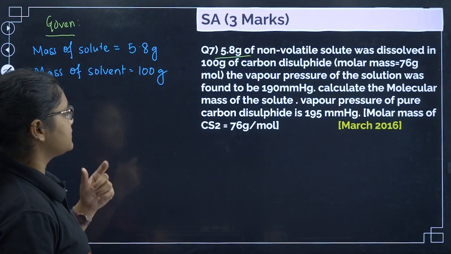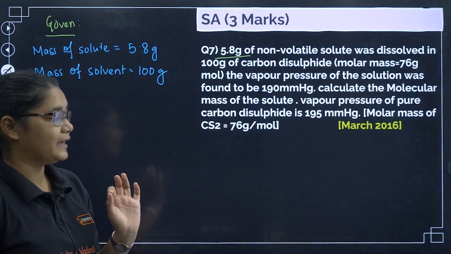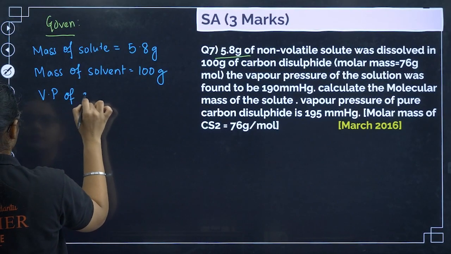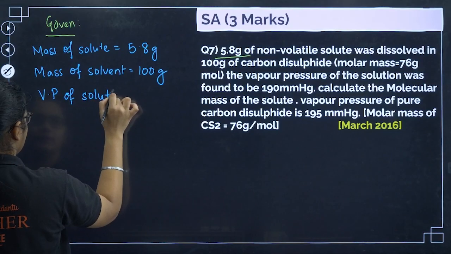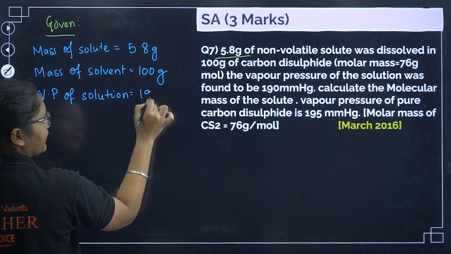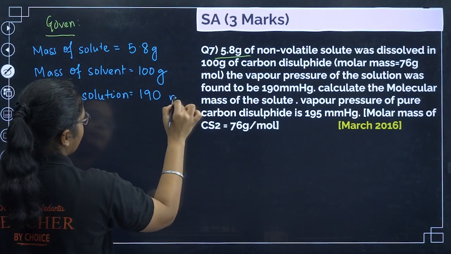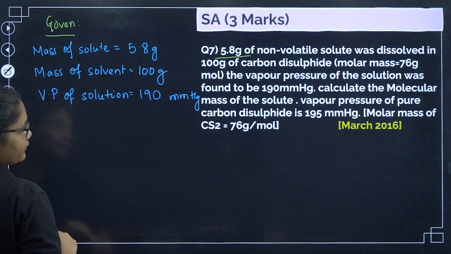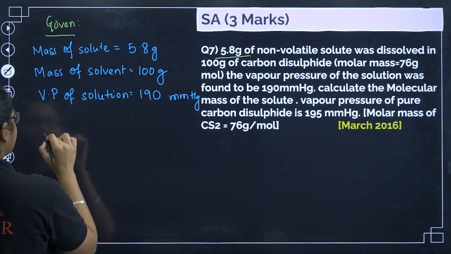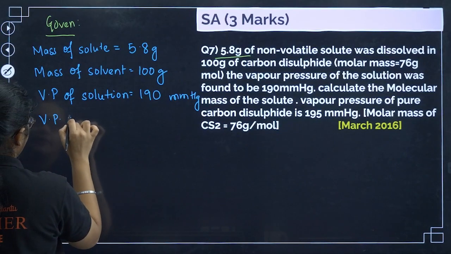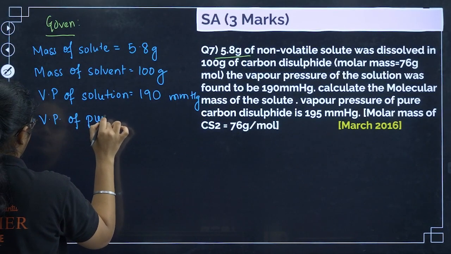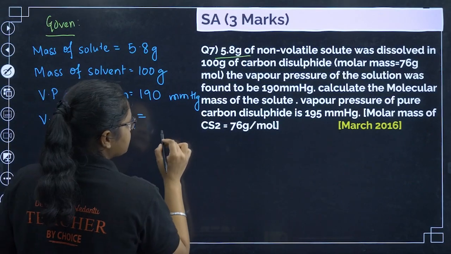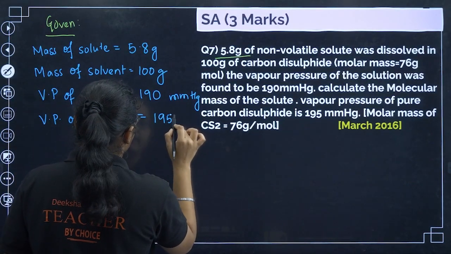The vapor pressure of the solution was found to be 190 mm Hg. Vapor pressure of solution is 190 mm Hg. Next, the vapor pressure of pure carbon disulfide is 195 mm of Hg.